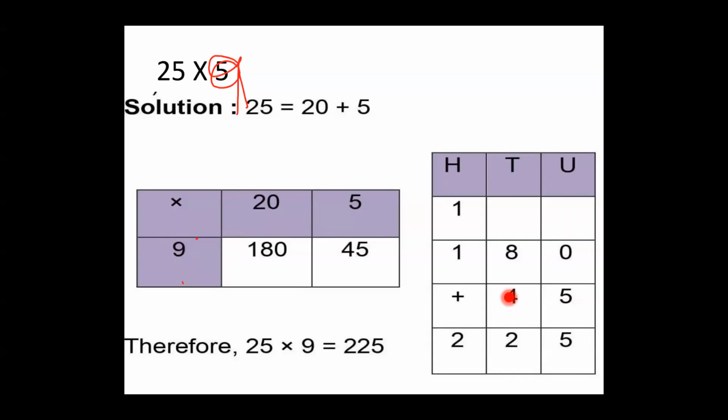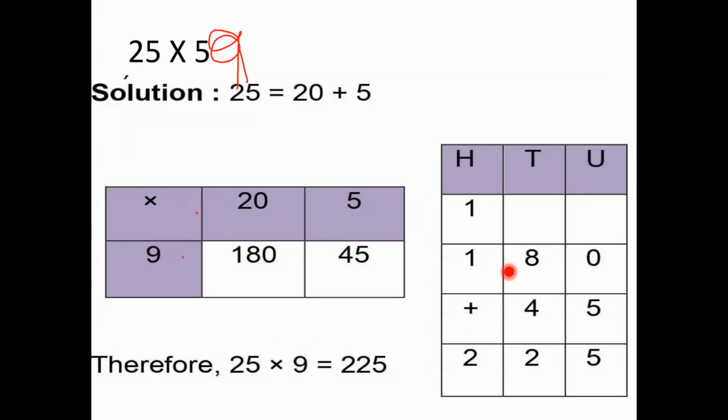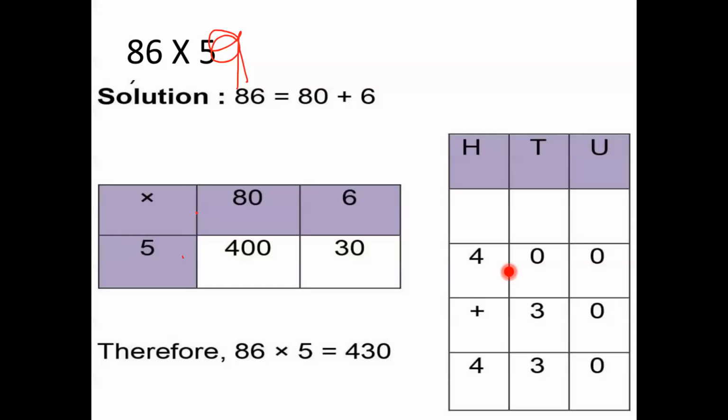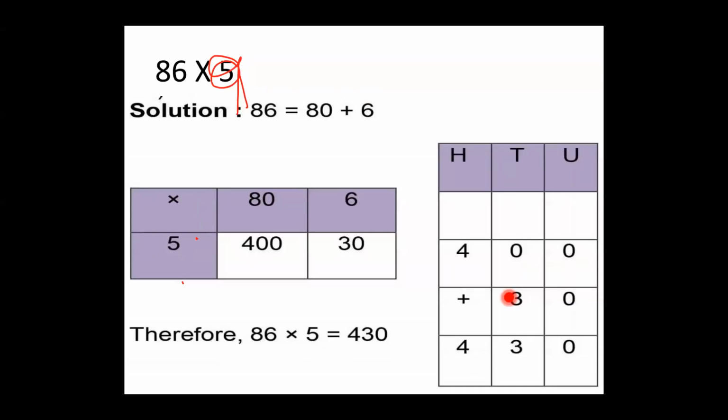Okay. Coming to the next. Next sum is 86 multiplied by 5.